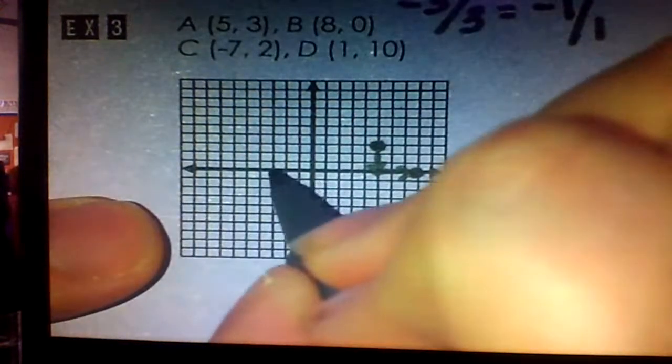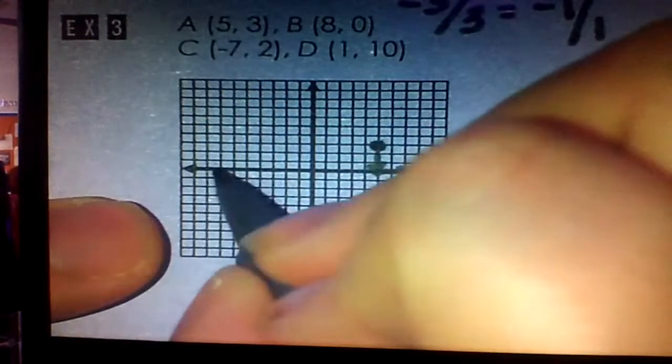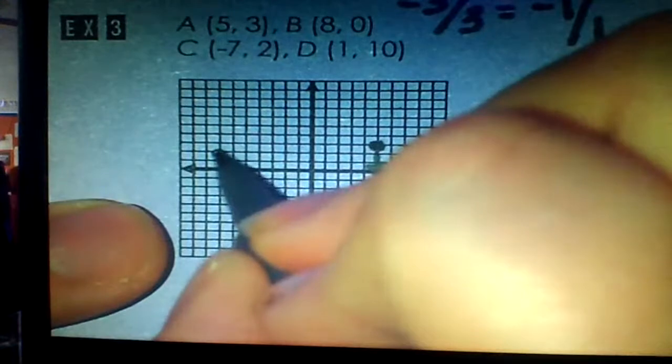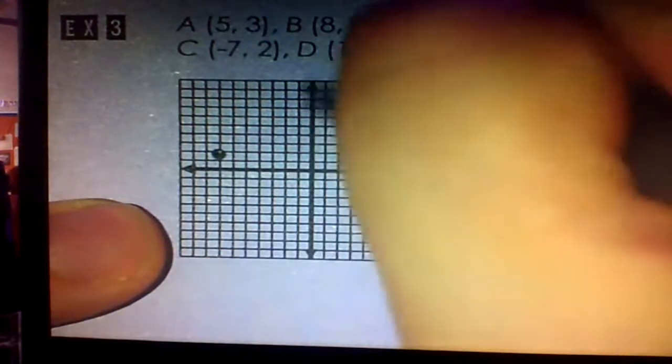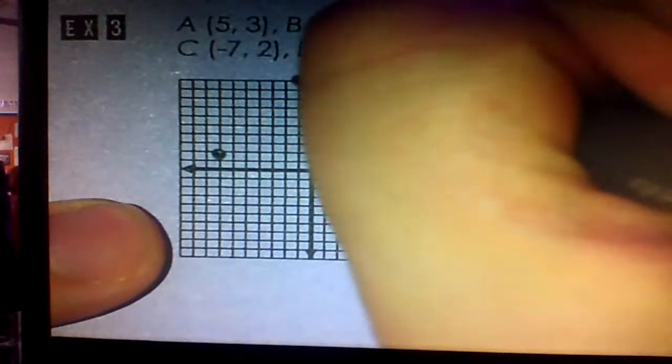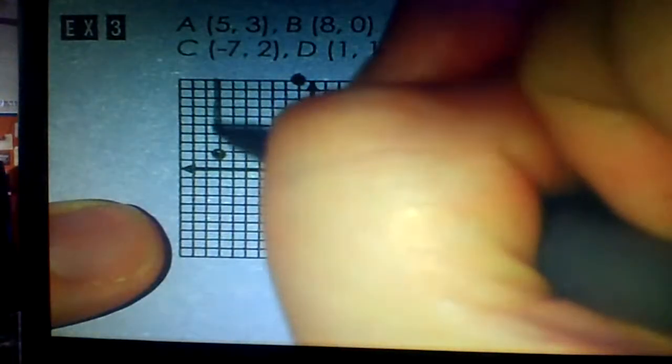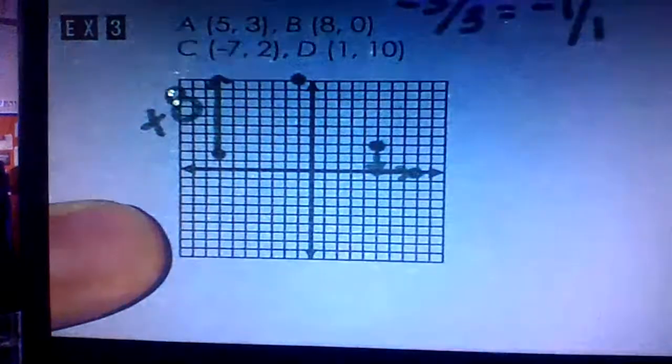Next, 7, comma 2. I went down instead of up. And I'm trying to get to 1, comma 10. So I count up first. It's going up by 8.